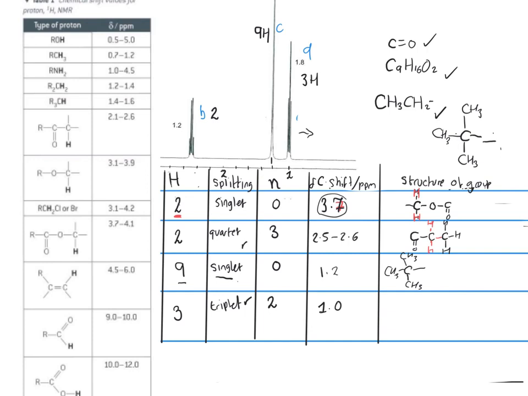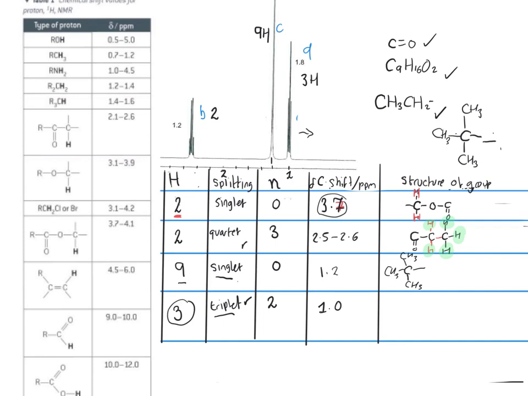That just leaves us to elucidate the structure of D, this triplet here. Well, we have in fact just identified that triplet because it must be next to the quartet. It's got 3 protons. Here are the 3 protons. Let's just highlight them. Their signal has been split into 3 because it's got 2 nearest neighbours.